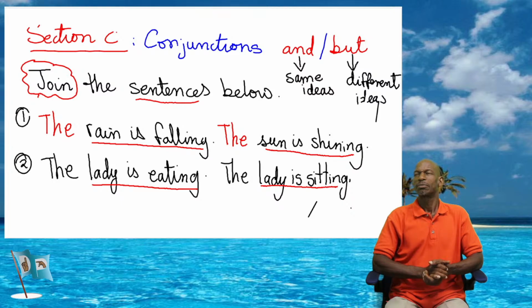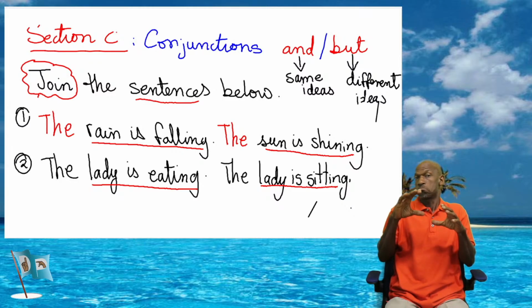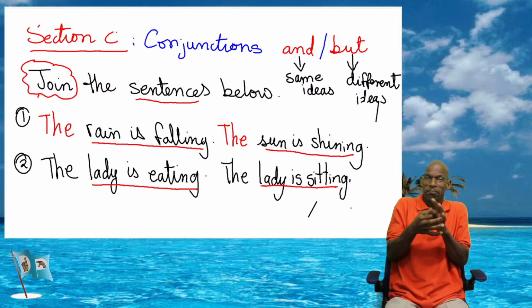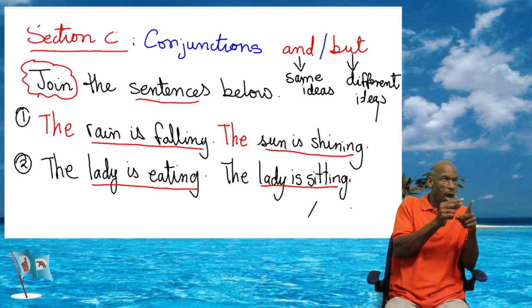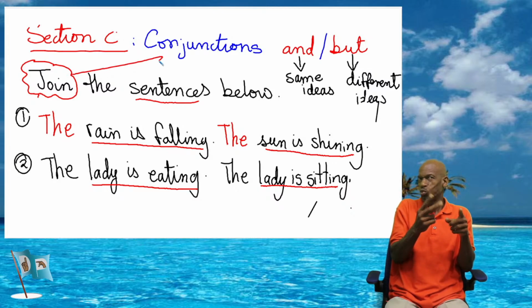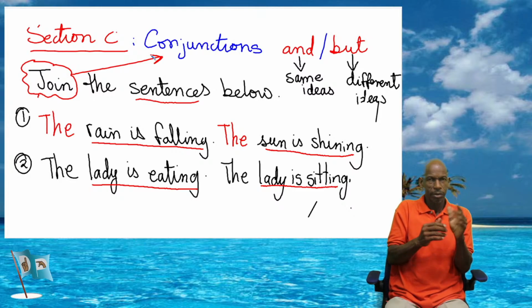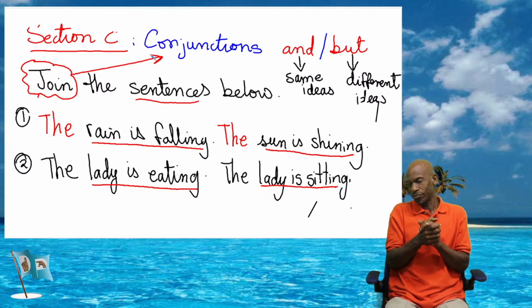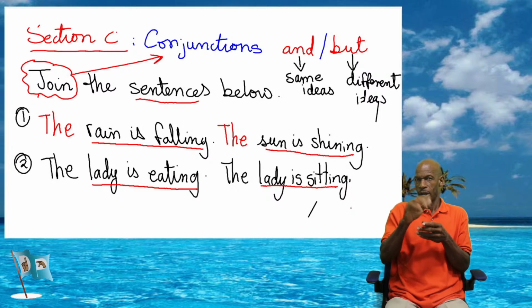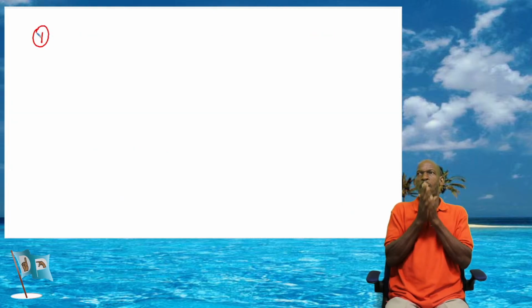All right, so we have section C, conjunction. Remember, conjunction joins sentences. The conjunction joins the sentences, right? But you have to use the conjunction. I'm going to the next board. I'm hoping you wrote it in your book so you can tell me what to write. So I'm going to add a slide for number 1 and number 2.